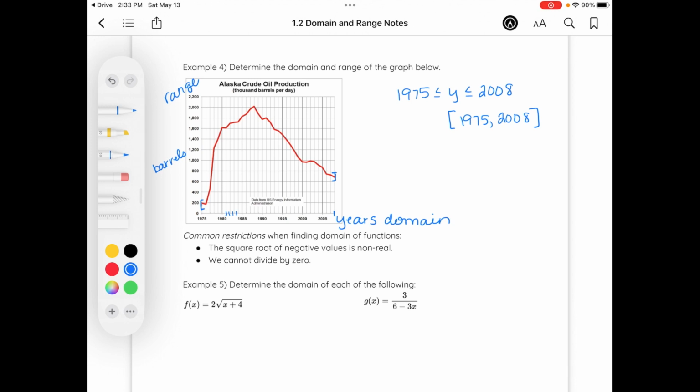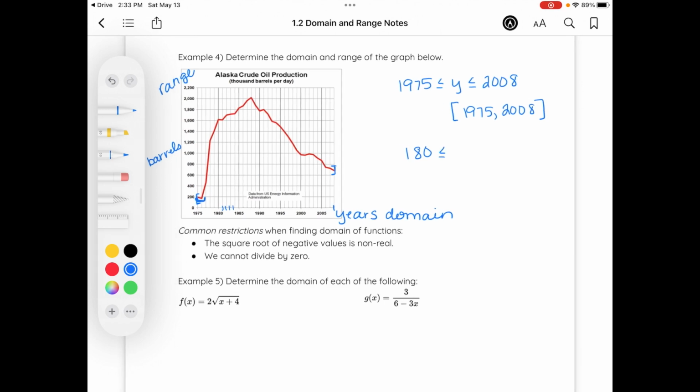Now our range talks about how low and how high our graph is. So I'm thinking about how low my graph is, just under 200. So maybe our graph starts at 180-ish. But we're in barrels. And then the highest mark looks just over 2,000, so maybe 2,010 barrels.